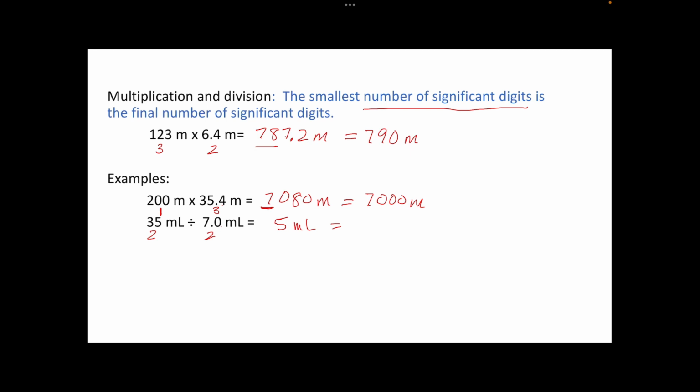Well, we just have 1 here because we know that 35 divided by 7 is 5. But we can add 1, so it could be 5.0. Now we have 2 significant digits, just like we did in our 7.0 there. That one's a little bit different, a little tricky, and we will practice this much more in class.